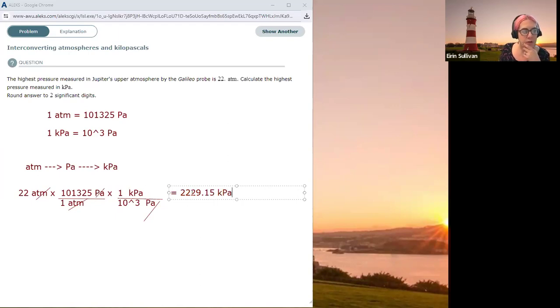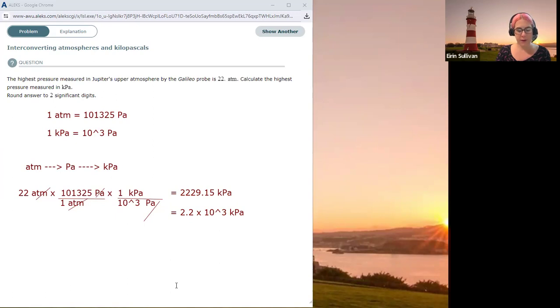We were asked for 2 significant digits, so it's probably easier to write that in standard scientific notation. So that is going to be 2.2 times 10 to the power of 3 kilopascals.